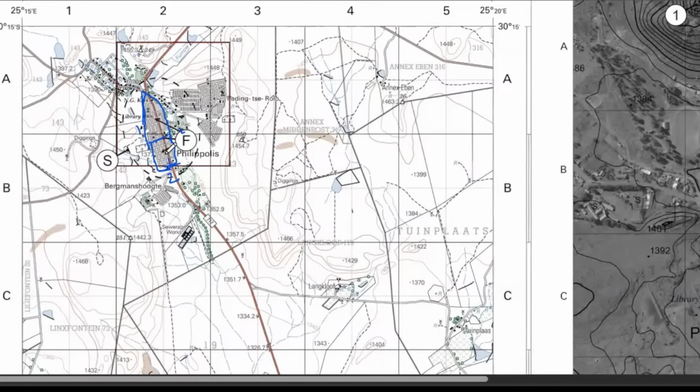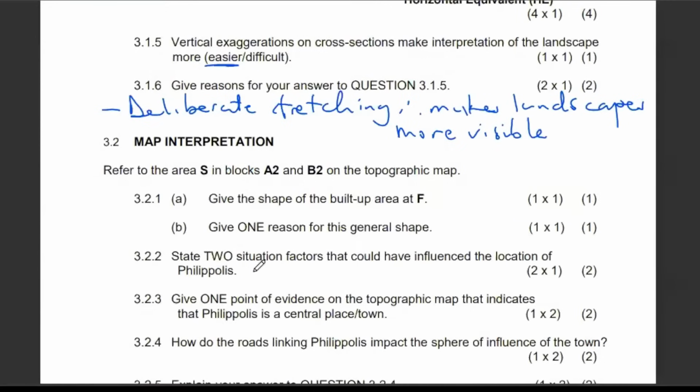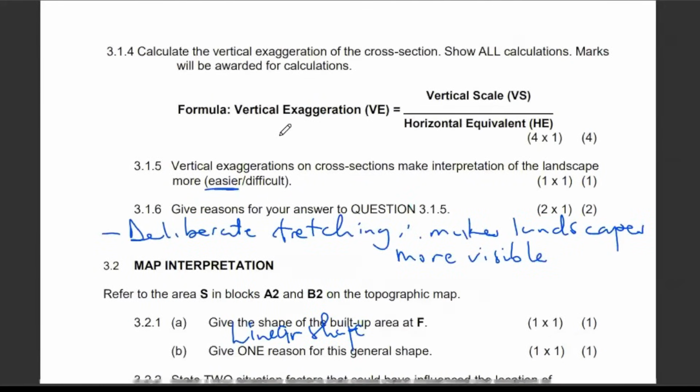Like these buildings, if you follow this road, the shape of this settlement is more pronounced, though there are some other buildings by the other side. It's not one line, but if we look at it closely, the overall shape of the landform of the built-up area, if you analyze it closely, gives us more or less a linear shape. It is more of a linear shape if we analyze that whole built-up area.